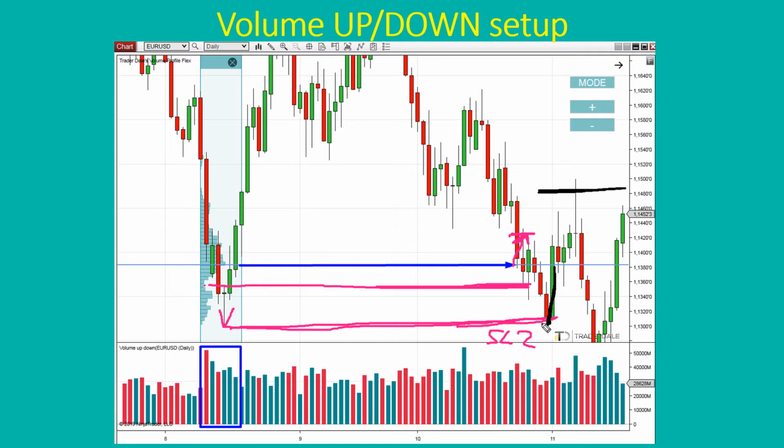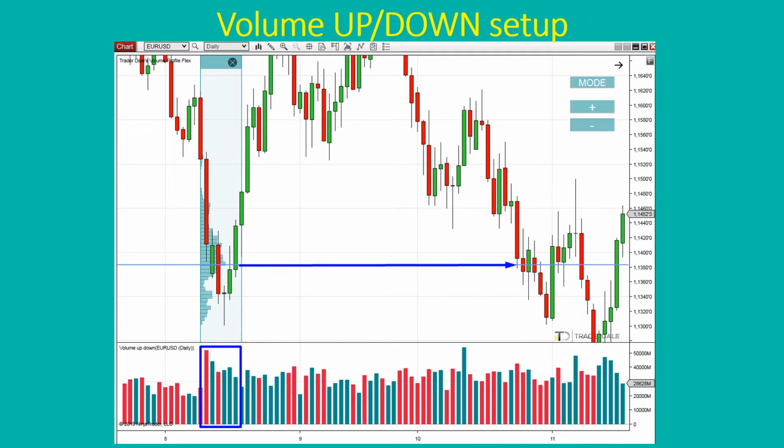So this distance which I risk is the same as this distance, which is the take profit. And as you can see, the daily candle did not close past this swing point. And when daily candle doesn't close below swing point, I don't quit a swing trade.